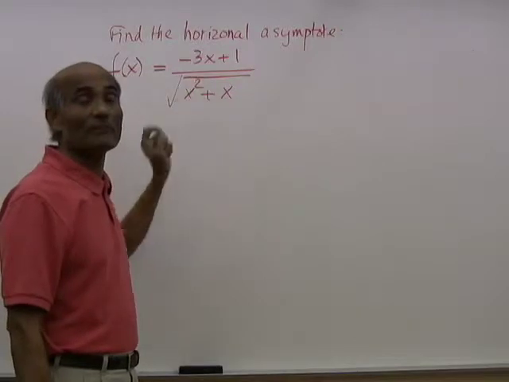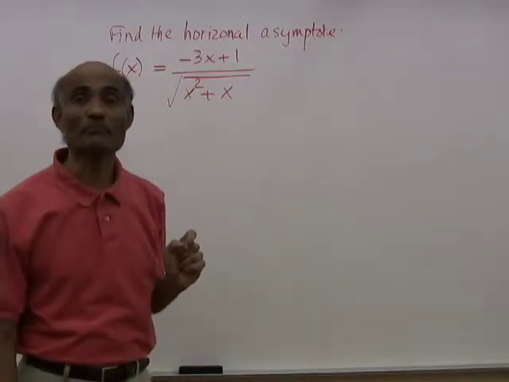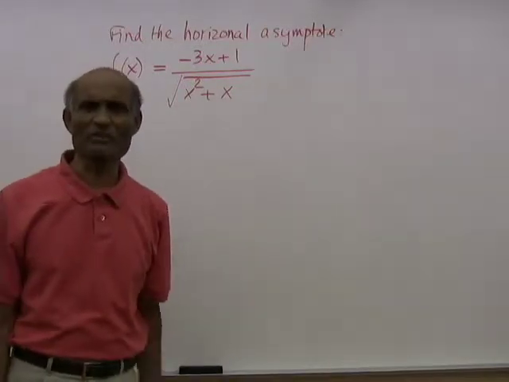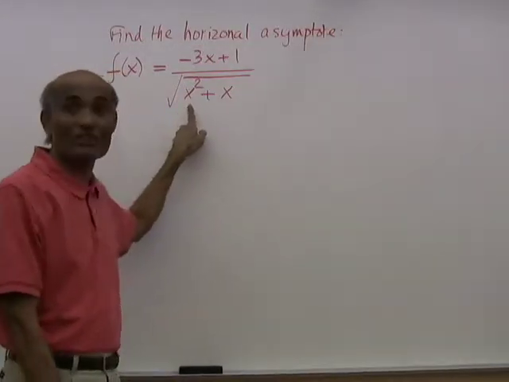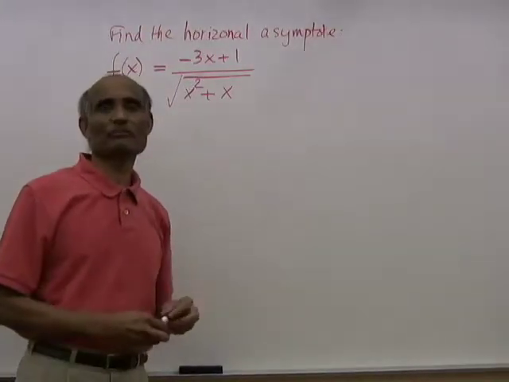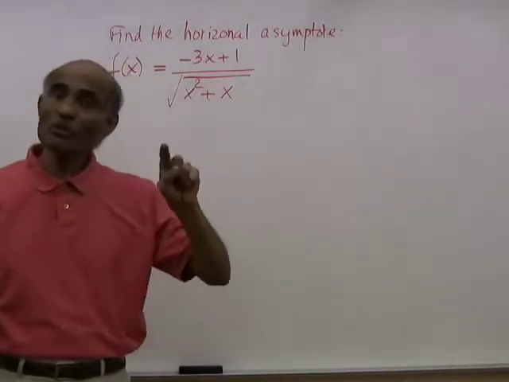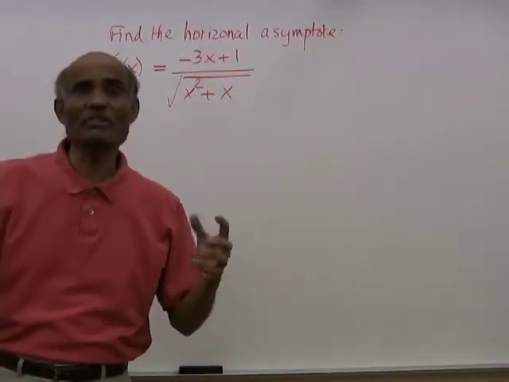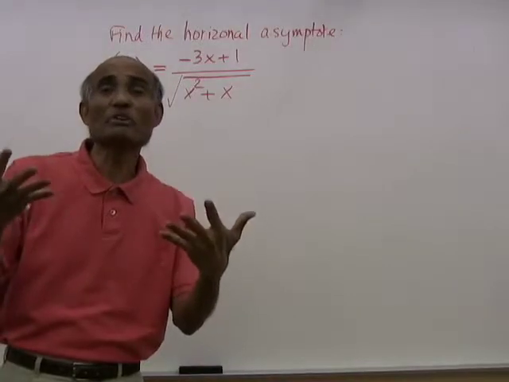Now here, are the degrees the same? Well, it looks like they are the same, isn't it? Because square root of x squared is x. But in a case like this, the behavior when x goes to negative infinity and when x goes to positive infinity may be different.